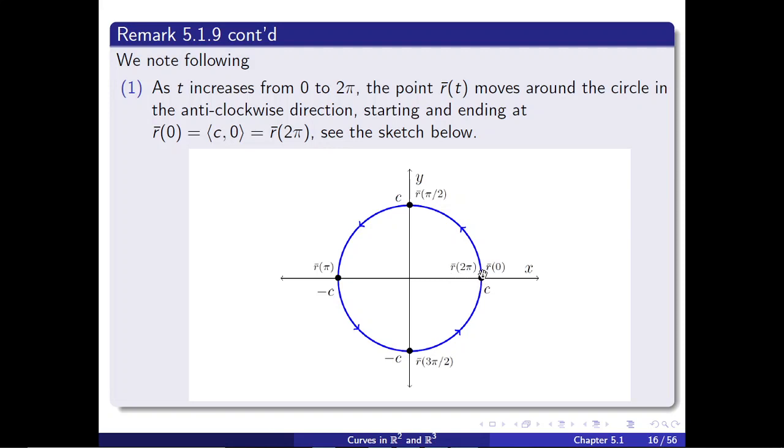As t is increasing, as the arrows show, that's how the point moves around the circle. It starts here and ends there, at r of 0 and r of 2 pi, which is the point (c, 0), and the sketch shows us that.